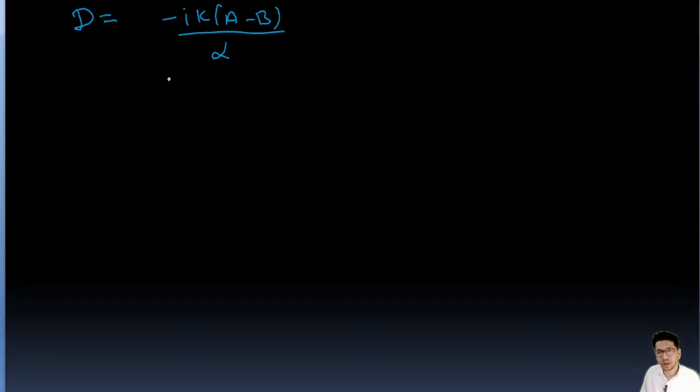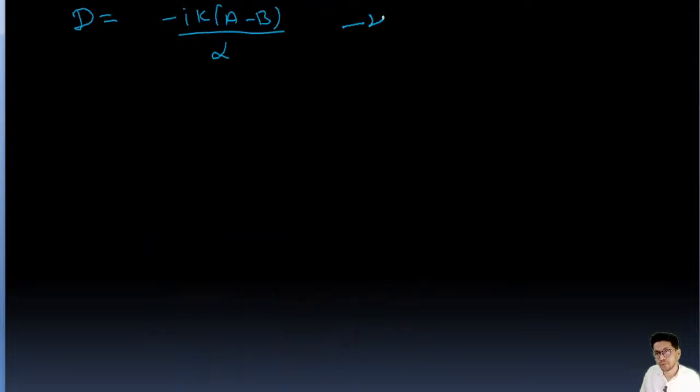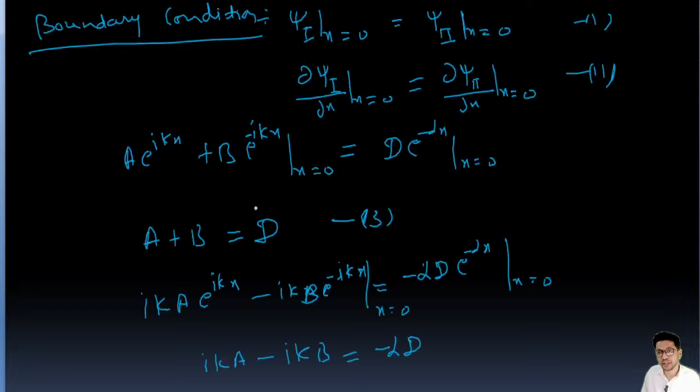So now this is equation number 3 and this is equation number 4. From 3 and 4, we'll put the value of D into this.